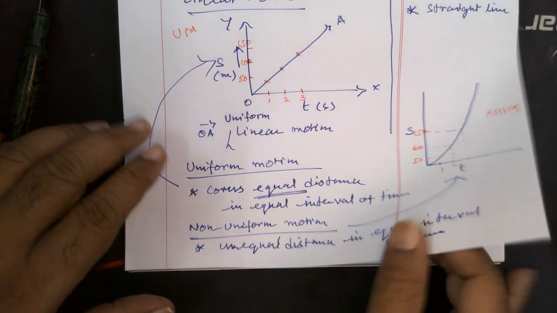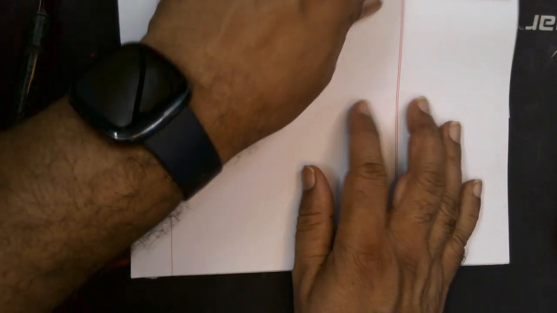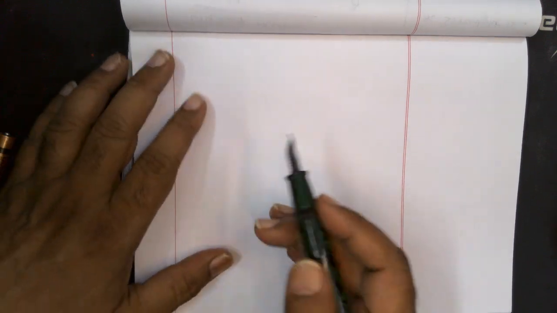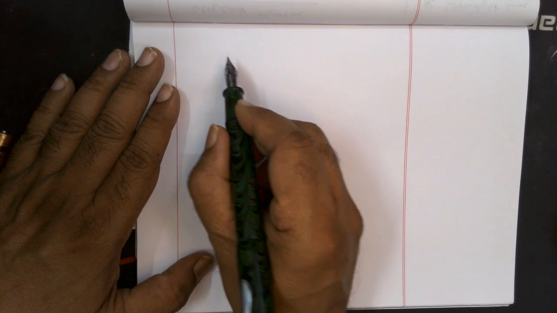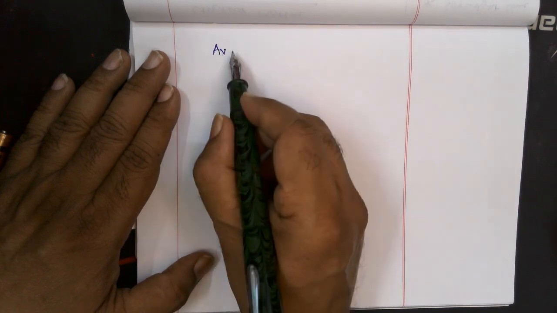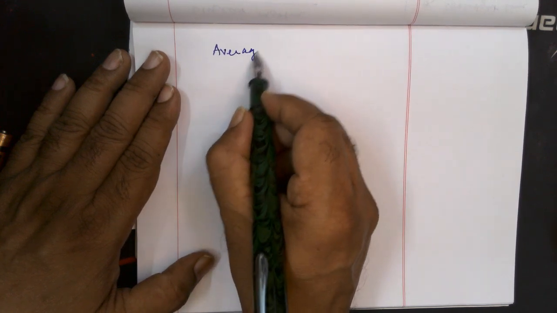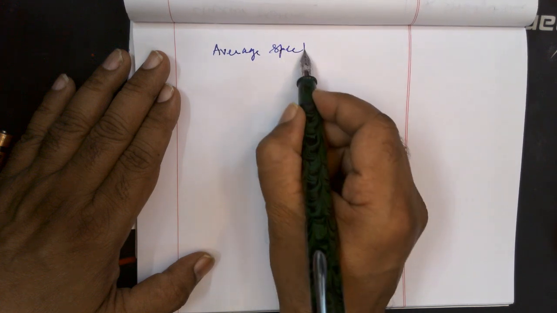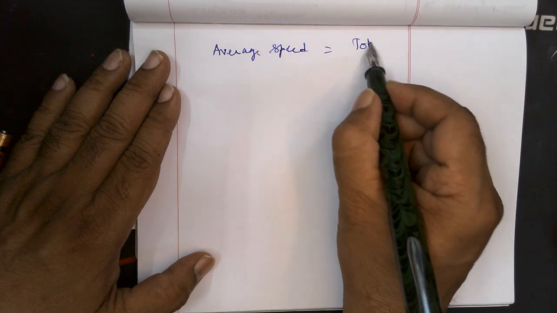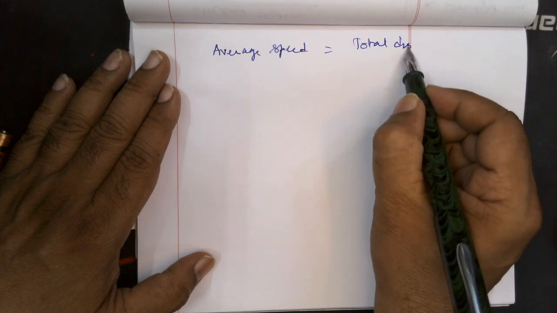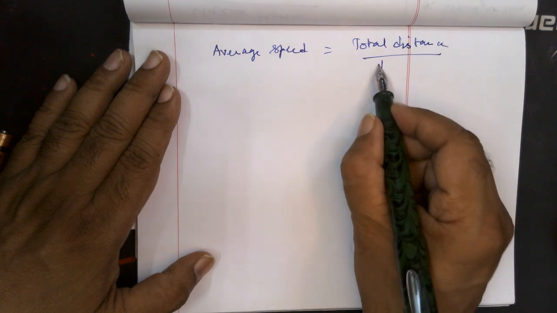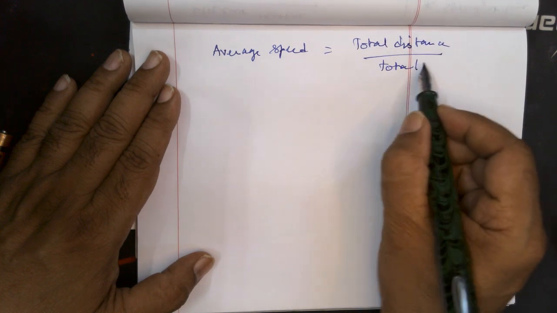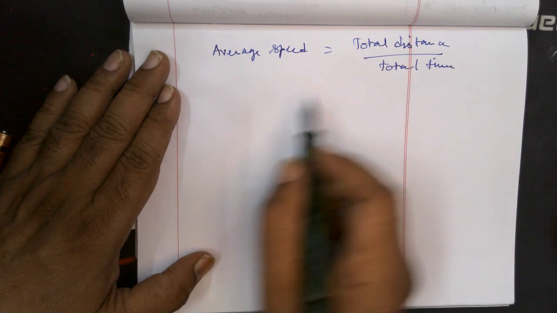Usually the speed can be measured in unit meter per second. So what is the average speed? Average speed is equal to total distance divided by total time.